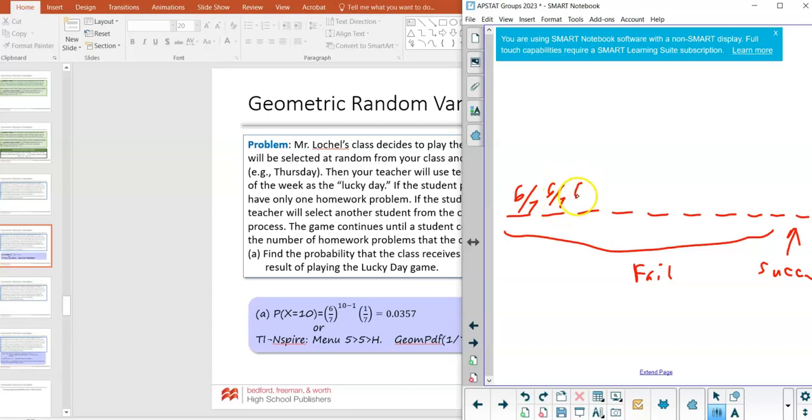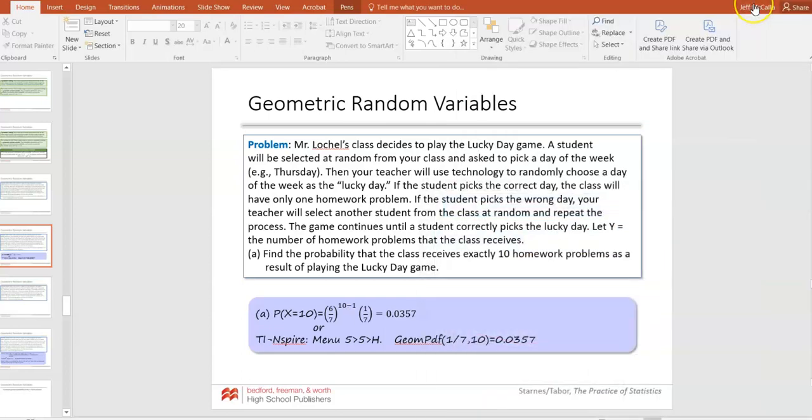Success would be 1 out of 7. How many 6 out of 7s do I have? I have 9 failures. That's where the 6/7 to the 10 minus 1 comes from. But I have my first success on the 10th toss. So if you remember the slot method, this formula should make some sense.